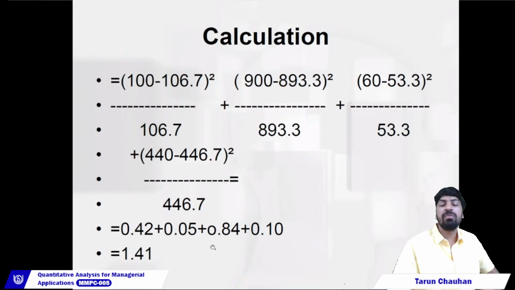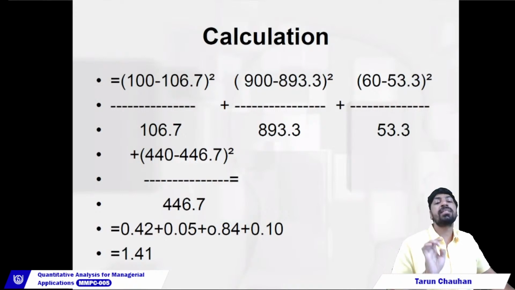Now we have to take a statistical decision. I repeat the two rules I already explained. If the calculated chi-square value is less than the tabulated chi-square value, then the null hypothesis is accepted.